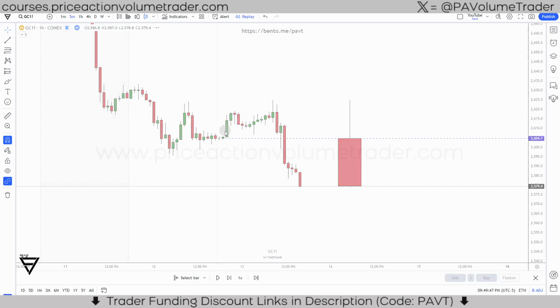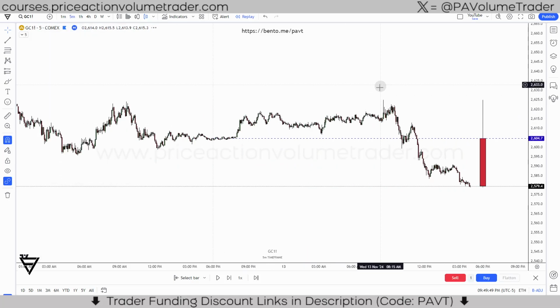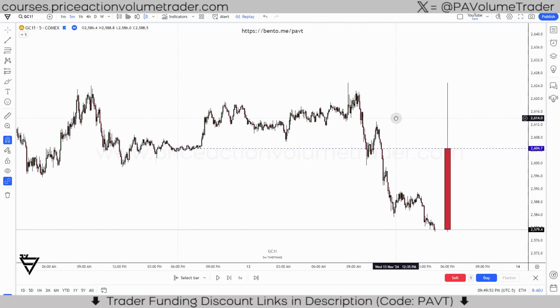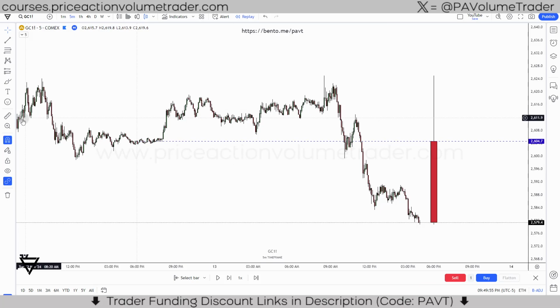If we go into a 5-minute chart, and this is the futures market that we are looking at, you can see just a very weak opening in Asia. Then we pick up a little bit once the main markets in Hong Kong and Tokyo open.